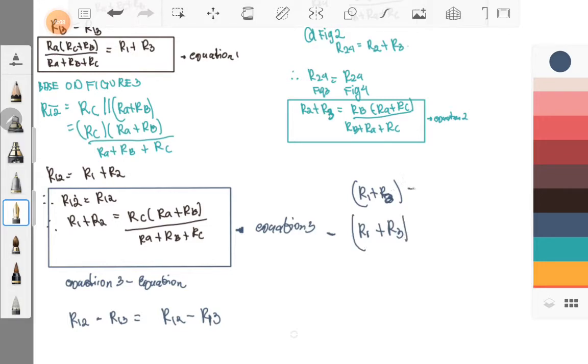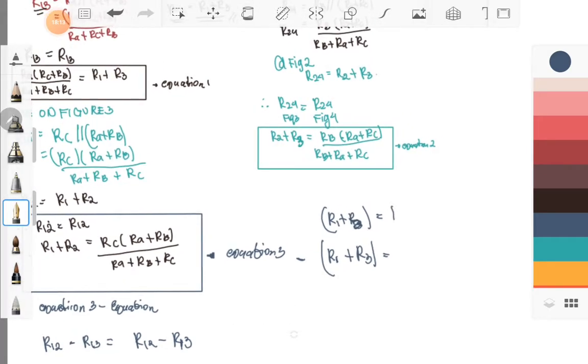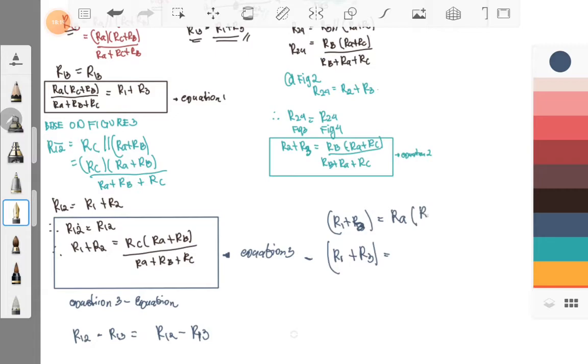So, may equality sign tayo. We have RA multiplied by RC plus RB, divided by RA plus RB plus RC, which is equal to my equation 1, which is equal to, so baliktad.